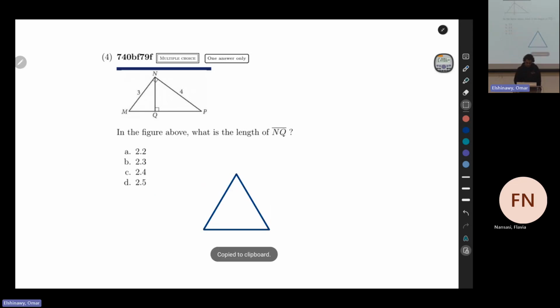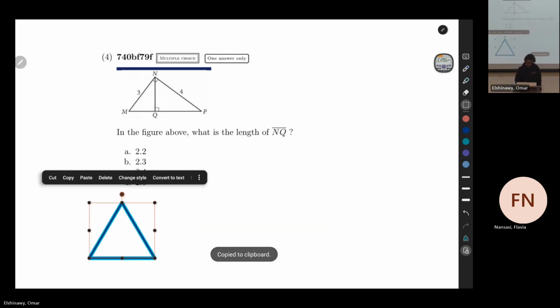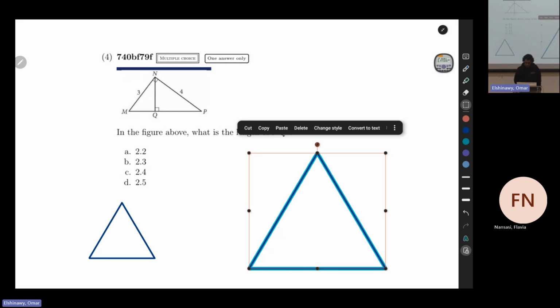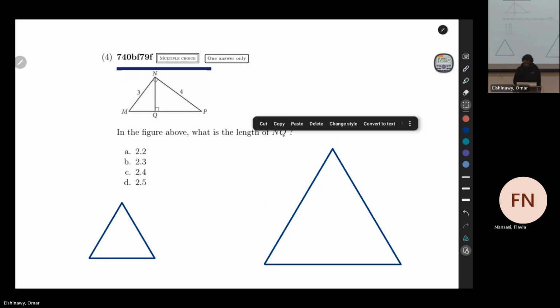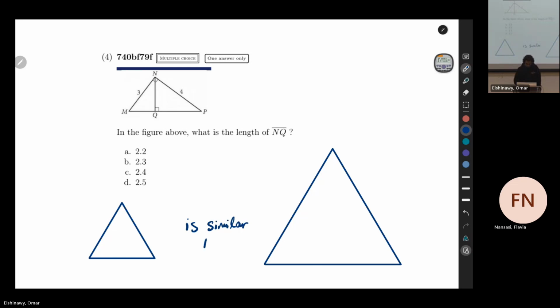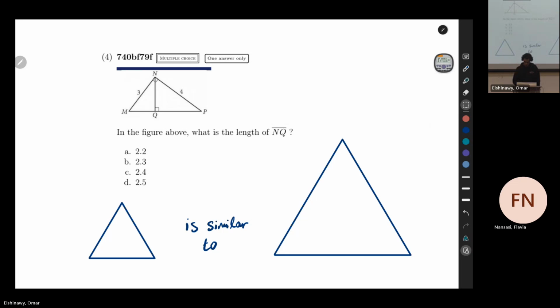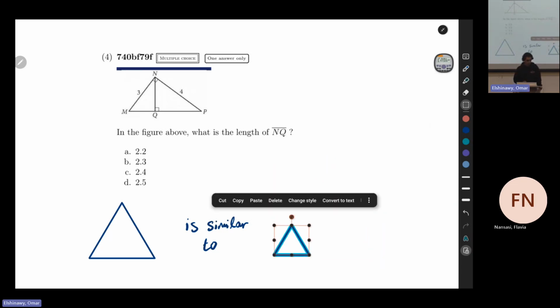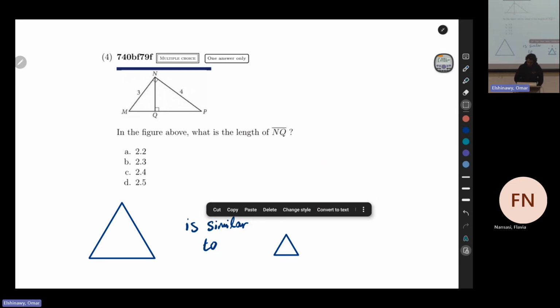So this triangle is similar to this triangle, or this triangle, or that triangle, and so on and so forth.